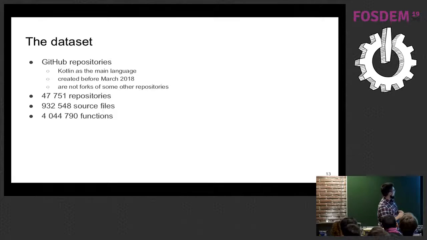We removed the duplicates, and that left us with about 4 million functions and 9,030,000 lines of code, source files. We decided, in these initial experiments, to stick with functions as our analysis level. Well, that was a design choice.